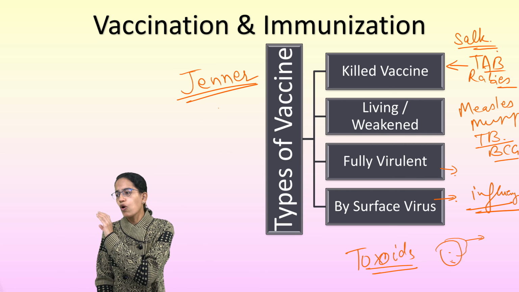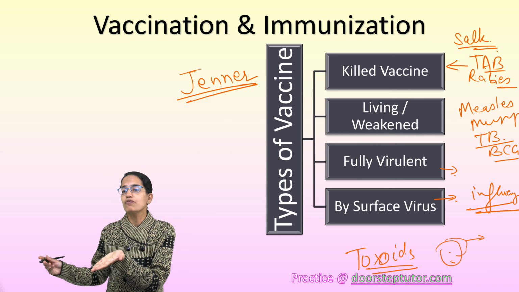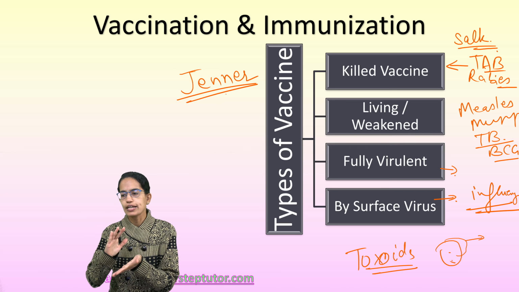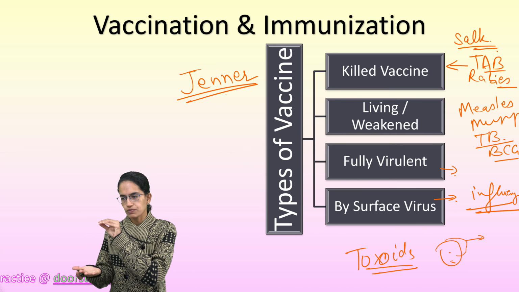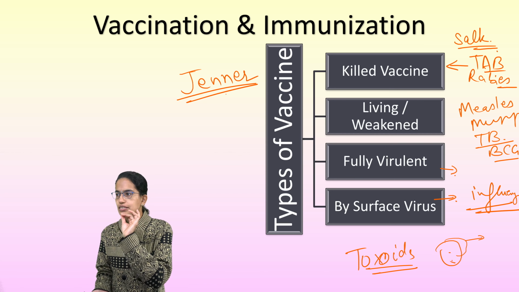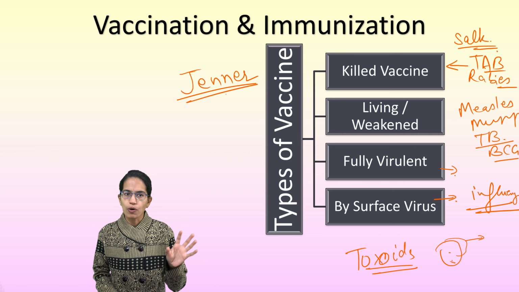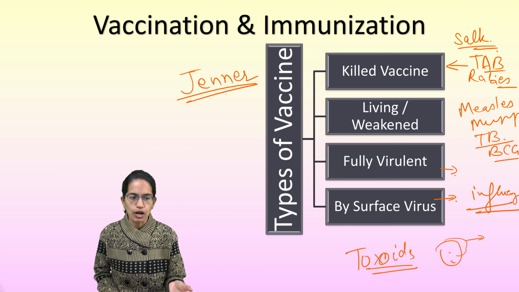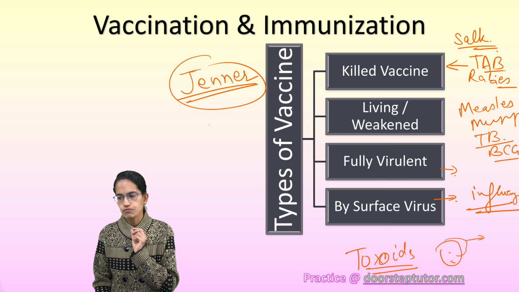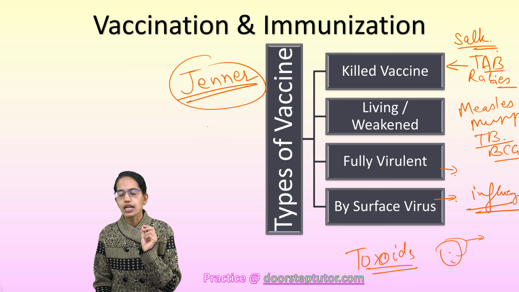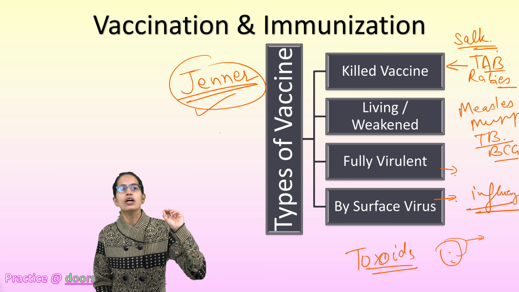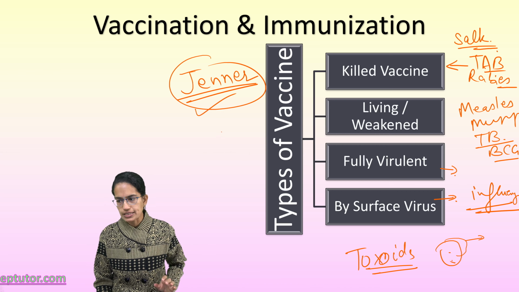This study was done where the virus of smallpox was given to Sarah Nelmes, who was one of the experimentees, and there he realized that this person is now immune to smallpox because she had a previous exposure to cowpox. This led to the first vaccination, which was done by Edward Jenner, and therefore Edward Jenner is the one who is attributed with the idea of vaccine and vaccination.